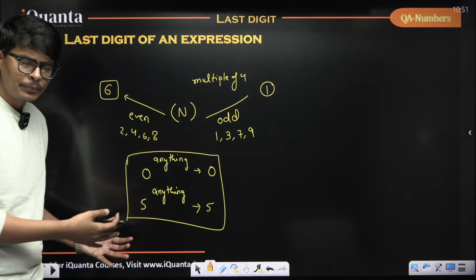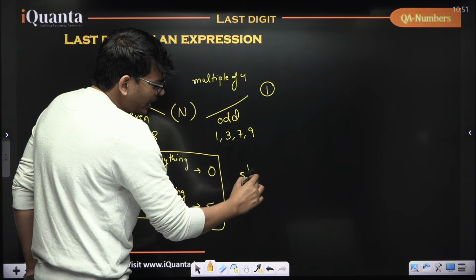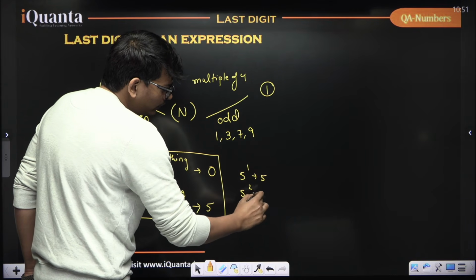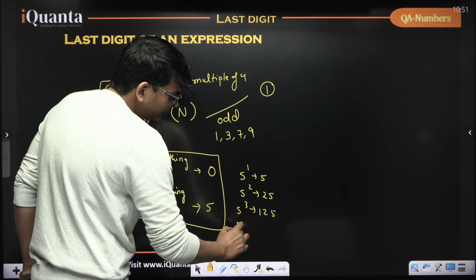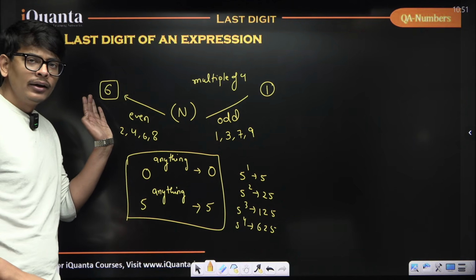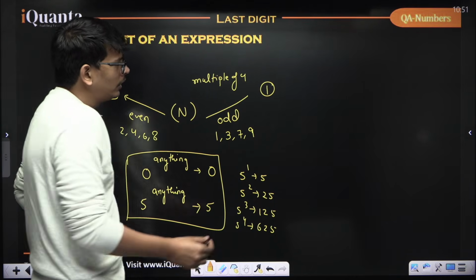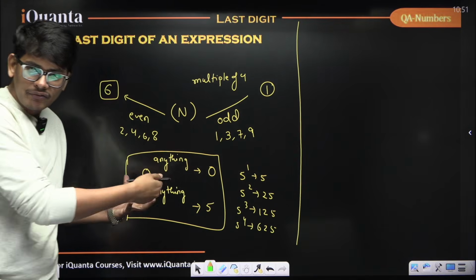So this is an exception, right? इसको आप जनरलाइज करके आप देख सकते हो आया कैसे. If you check any power of 5, it always ends with 5. So that's why I have generalized this thing and the rest I have separated in 6 and 1 form. Now let's see few questions related to this concept we have just learned.